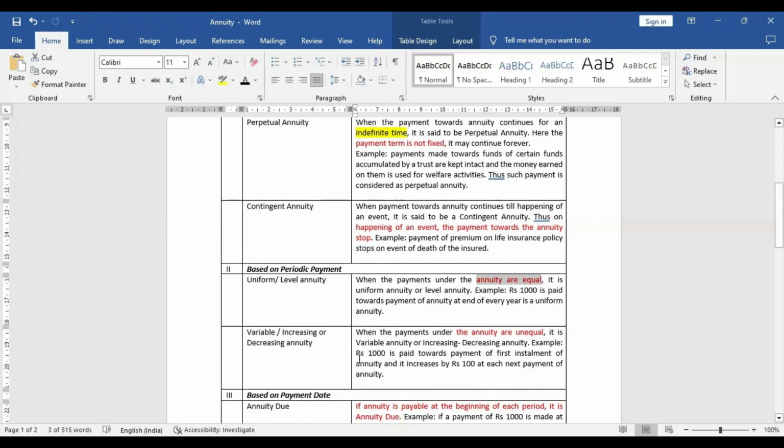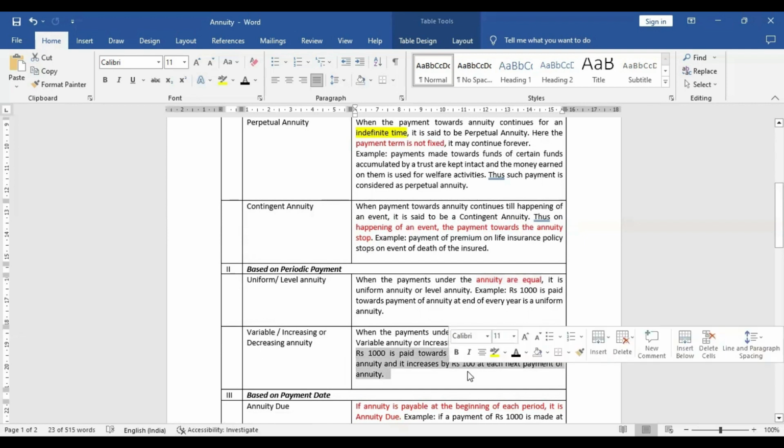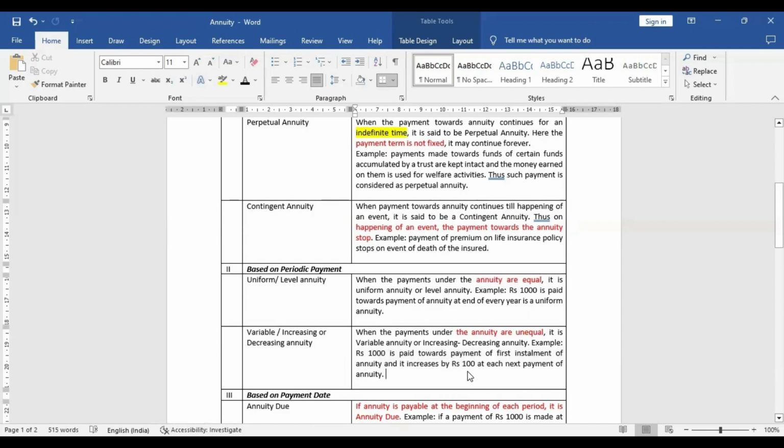The second is variable, where the amount of installment is going to increase or decrease as the term goes on. Every year the installment is either going to increase or going to decrease. Like when we purchase a car, the bank charges the principal amount and the interest amount.